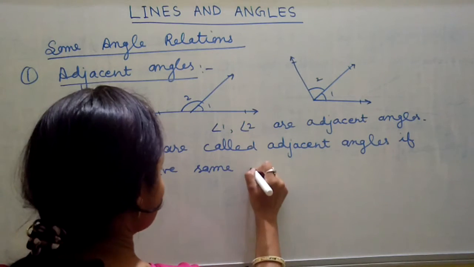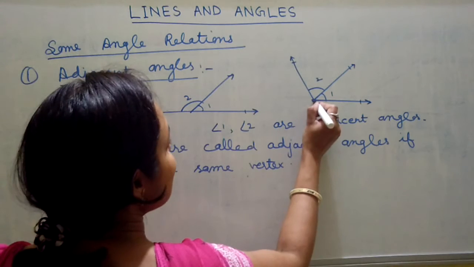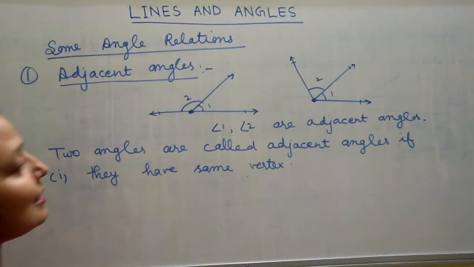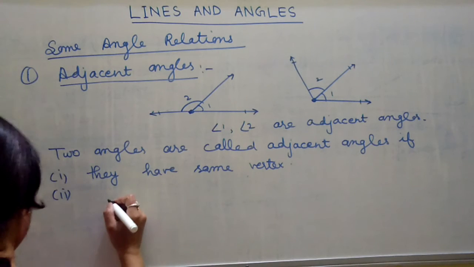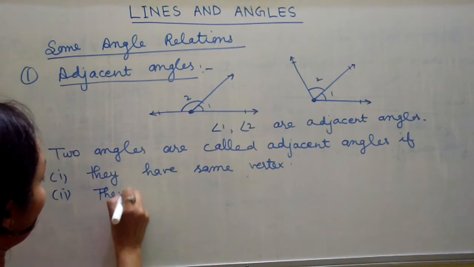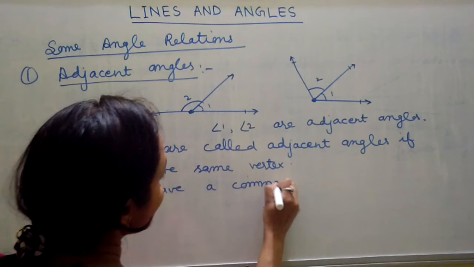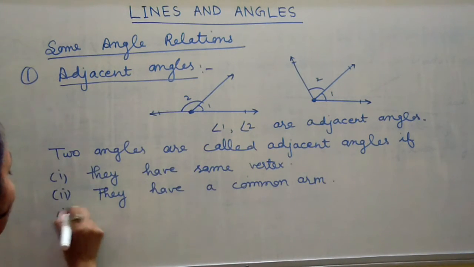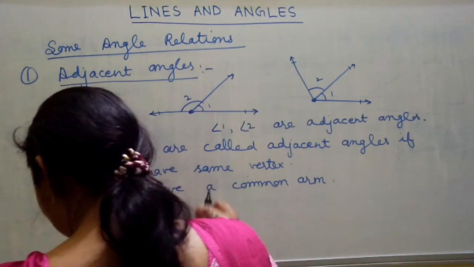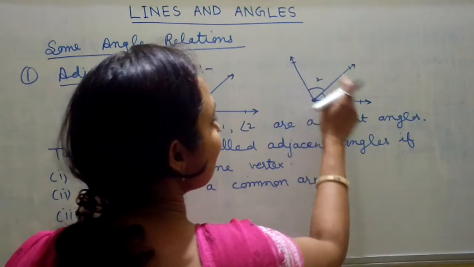Second, they have a common arm, a single common arm between these two. Third, the uncommon arms are on either side of the common arm.